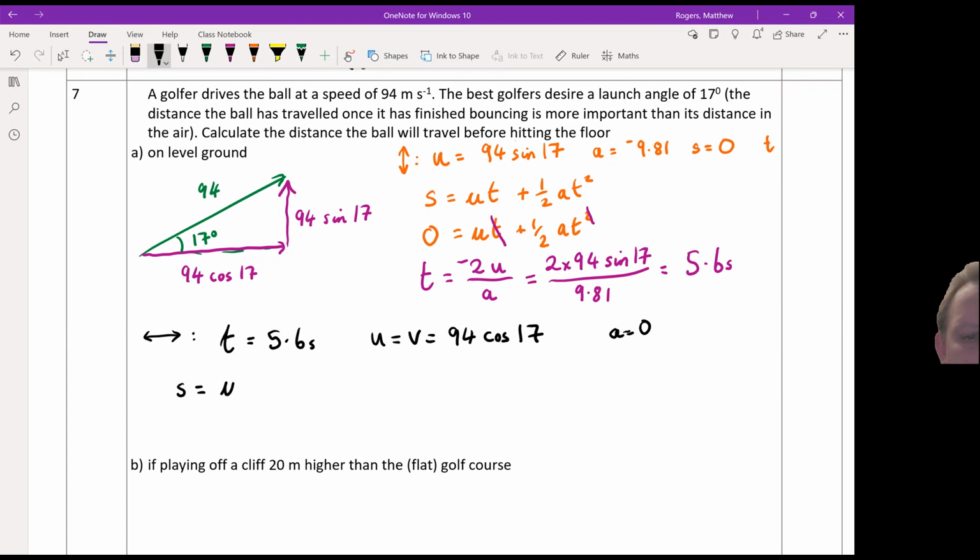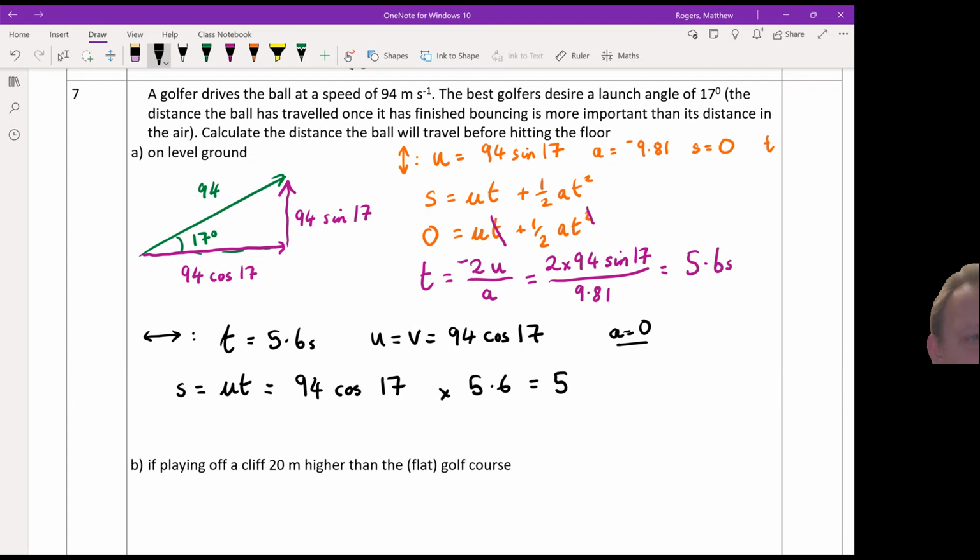So we can just use S equals ut. There's no need for the half at squared term. So just 94 cos 17 times 5.6 seconds. This is a distance of 503 meters.